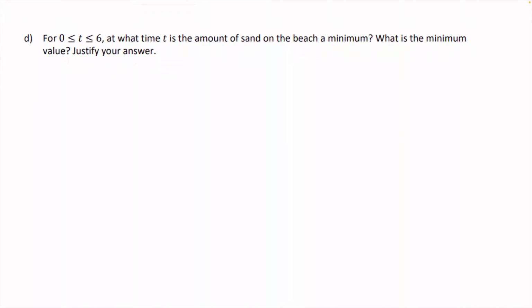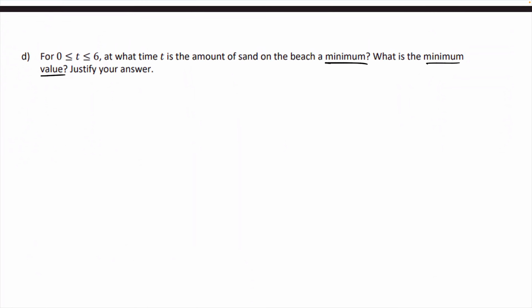Okay. All right, letter D. Now we see some more buzzwords that we definitely saw last semester and last week as well. What are the buzzwords here? Minimum. Minimum value. Other words, phrases that we should probably underline that'll help us solve?